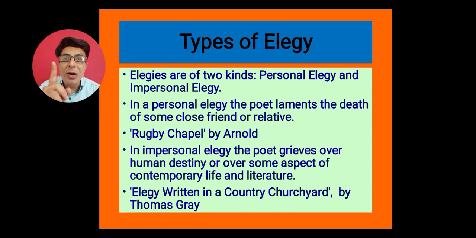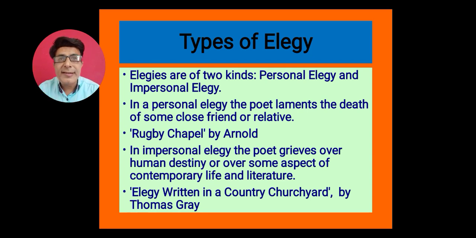Why? Because here the poet does not talk about the loss of a person, or his personal loss. He talks about the loss of the whole humanity, the whole culture or the whole society. So that's why it is known as an impersonal elegy.